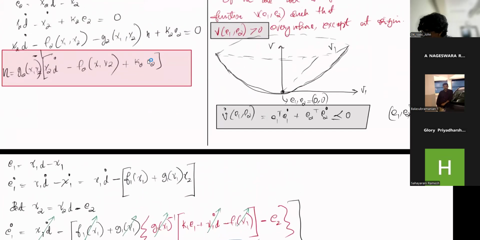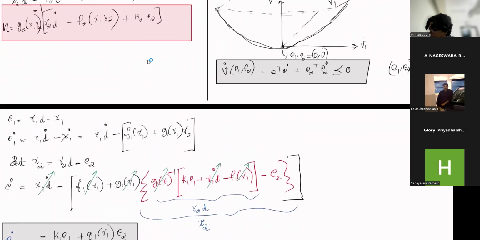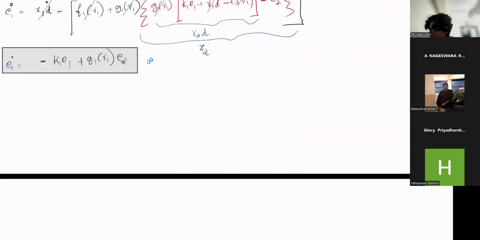And if we try to substitute that into this derivative term of the Lyapunov equation, V1 dot is E1 transpose E1 dot plus E2 transpose E2 dot. So if I substitute this E1 dot into this equation, what will I get? V dot of E1, E2 will be E1 transpose E1 dot plus E2 transpose E2 dot.